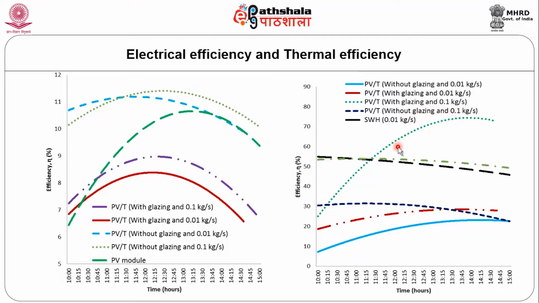For the thermal system it needs glazing. For electricity generation it does not need glazing. So, the PVT system with glazing and without glazing, with different mass flow rates, experiments were conducted, and it gave very good output for both thermal as well as electrical applications.